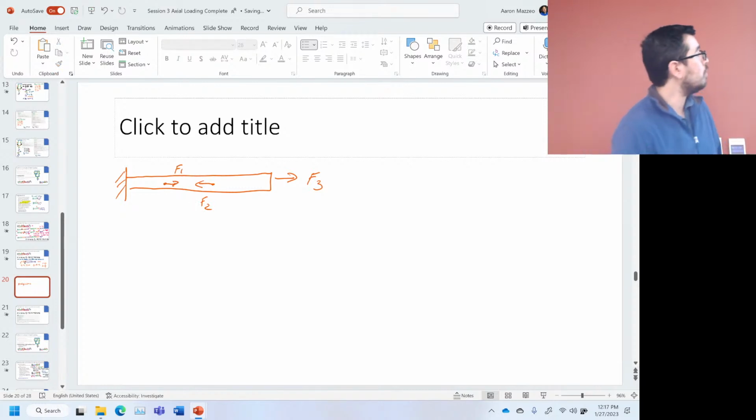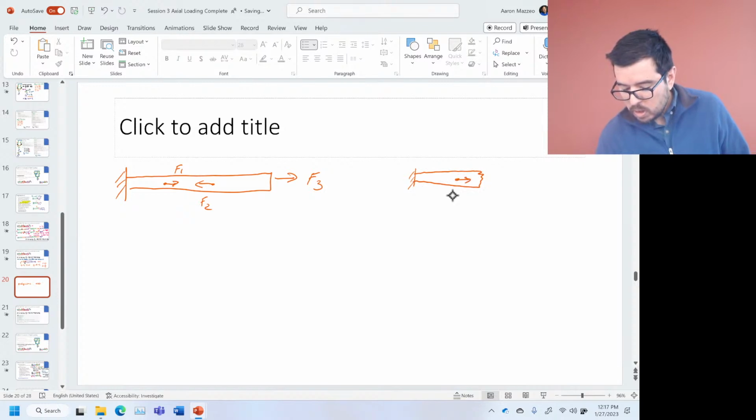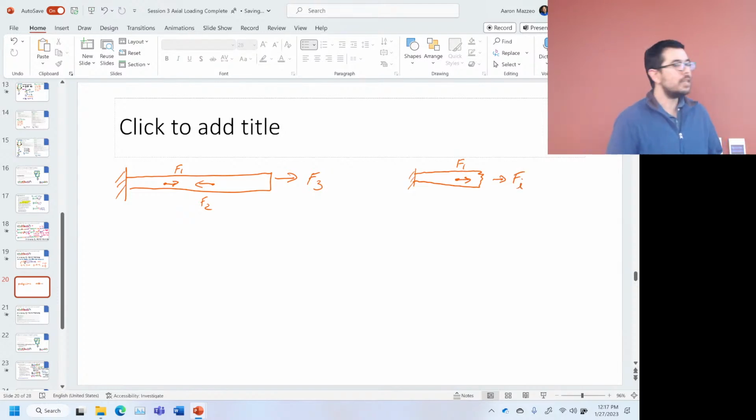If I said, you know what, I'd rather have this setup, and that's the internal force, then I've got to do something on the wall. That's a case where we would benefit from first doing the external equilibrium.